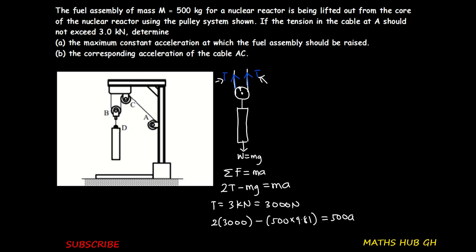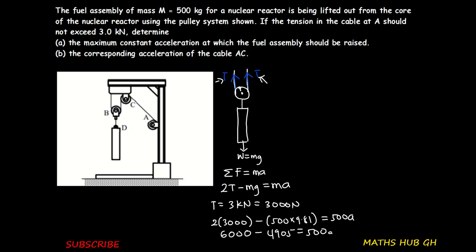Now let's simplify this and find the acceleration. 2 times 3000 gives us 6000, minus 500 times 9.81, that is minus 4905, equal to 500A.